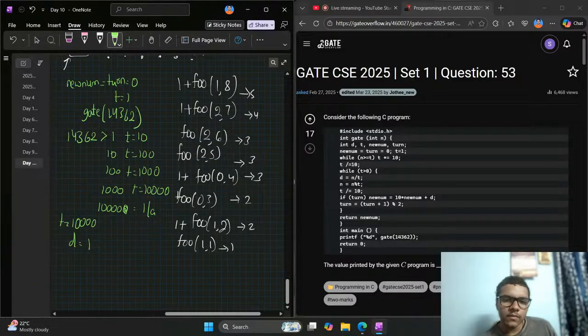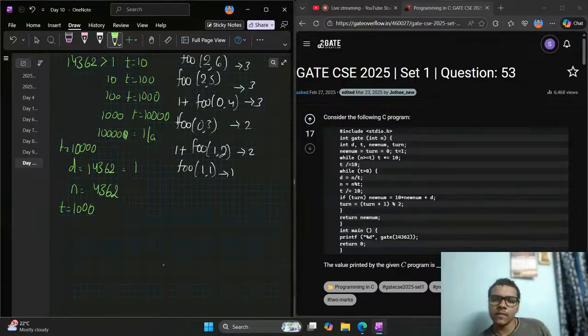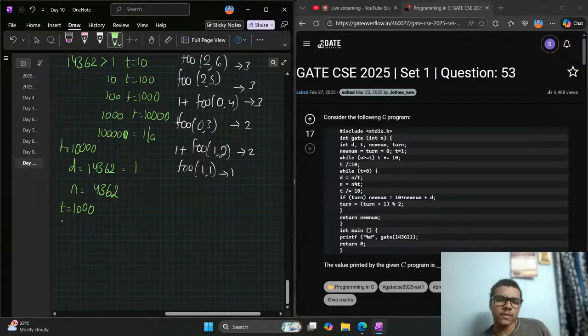And by T, that is 14362 by T, that is 1, and N is equals to N mod T. So that will be 4362 and T will be 1000 and turn is 0, so this one be executed.